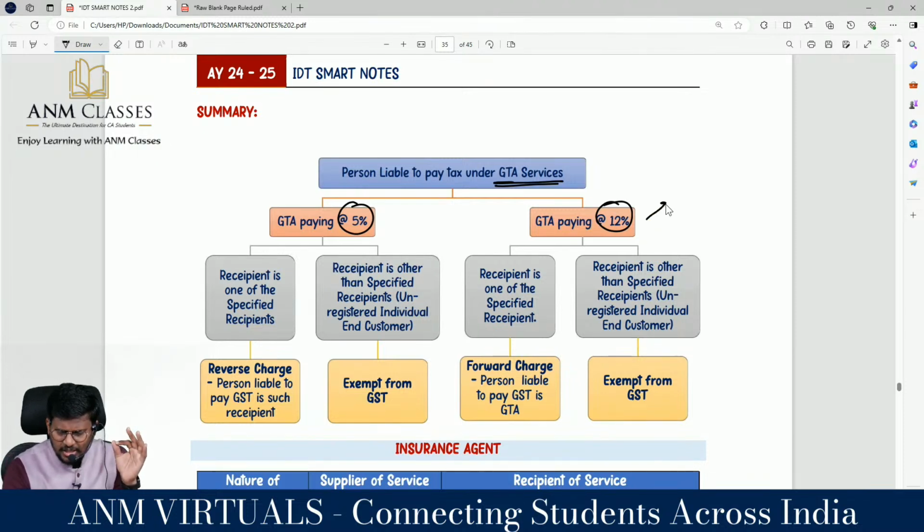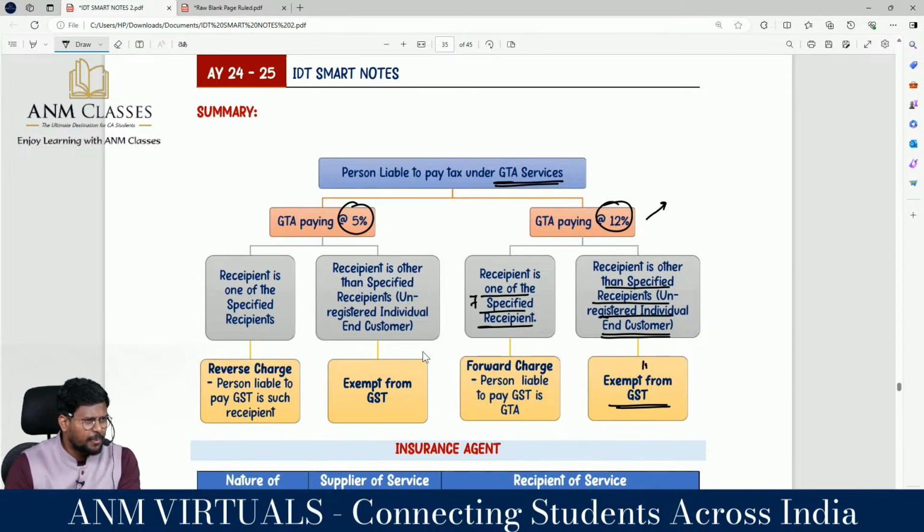If the GTA is a 12% GTA, they have adopted forward charge. So if the recipient is one of the 7 specified persons, we need to look at forward charge, and the person liable to pay GST is the GTA. Whereas if the recipient is other than the specified recipients, that is an unregistered end user customer, an individual end user customer, that is only an example. It could be an individual end user customer, AOP or BOI, other than those people which are mentioned, correct? It is exempt from GST, exempt under section 11.